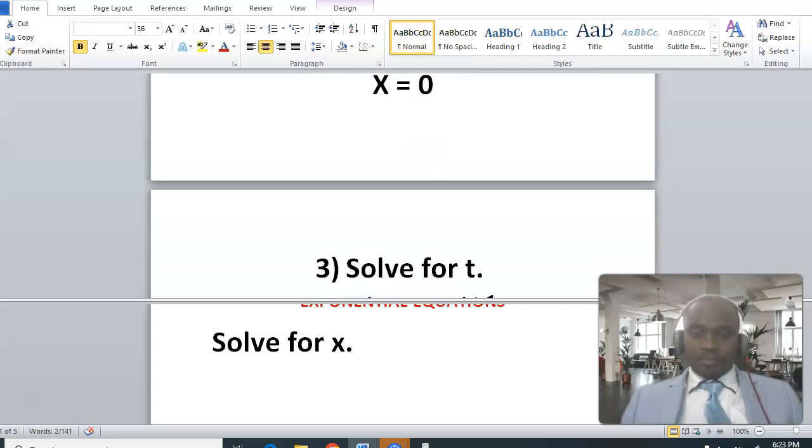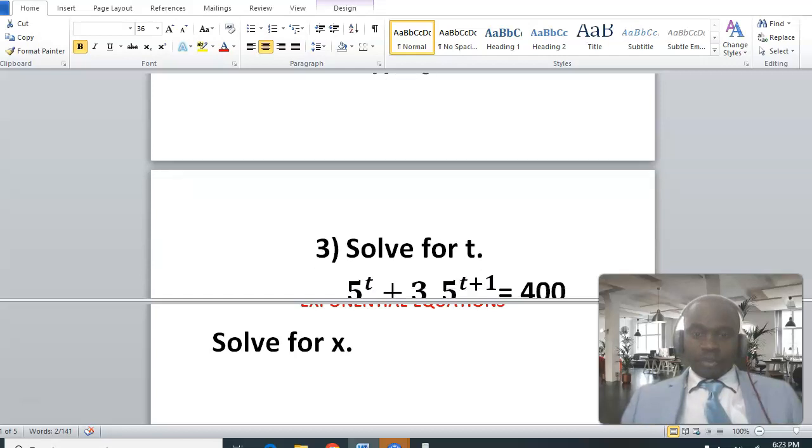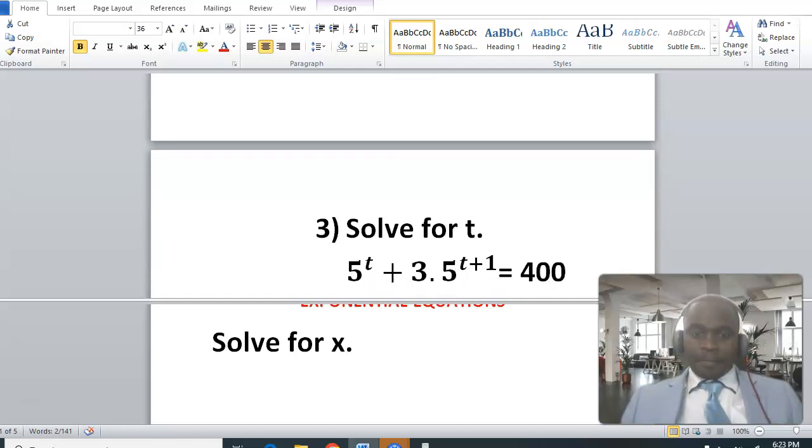Solve for x. This time we can also have a question like solve for t, solve for m, solve for q, etc., if the equation is in terms of whatever variable. For instance, if the equation is in terms of t, we will say solve for t.